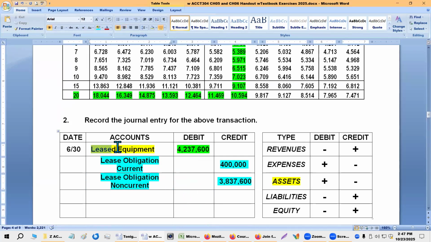And by the way, this leased equipment, you'll depreciate that just like a normal piece of equipment. For European standards, they just use the straight line method.